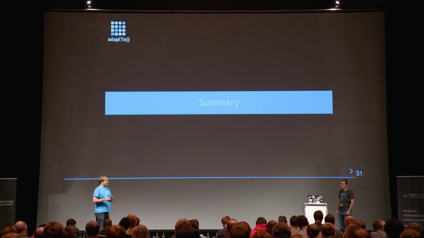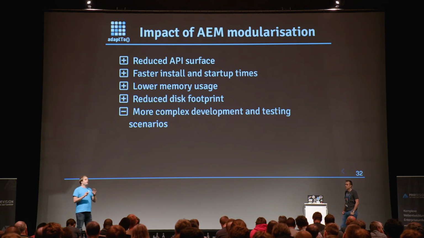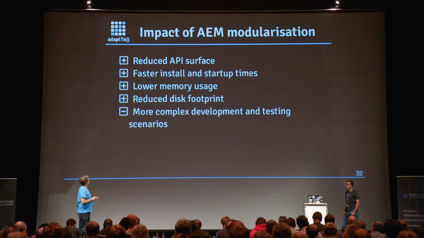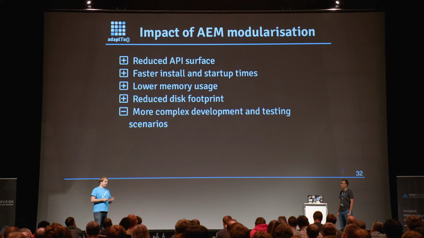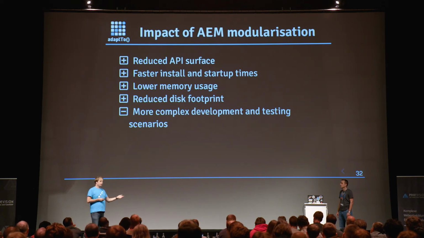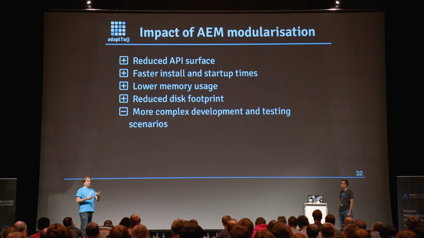So just to cut it short, for the summary: what did all of that mean for AEM? Where are we right now? We did reduce the external API surface. You probably noticed in AEM 6.5 already that there was quite a significant cut on the API that was not used, because some of the tooling that was set up for the feature model allowed us to analyze what is actually being used and what is necessary.